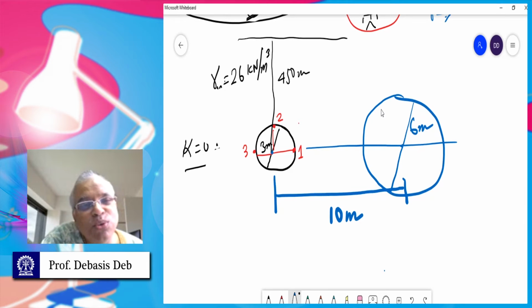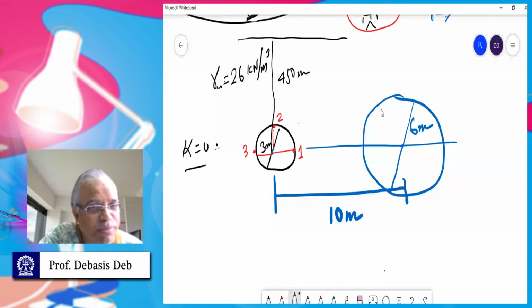What are you going to do? How are you going to approach that problem? Did everybody understand the problem? What am I asking? Should be zone of influence. Right.